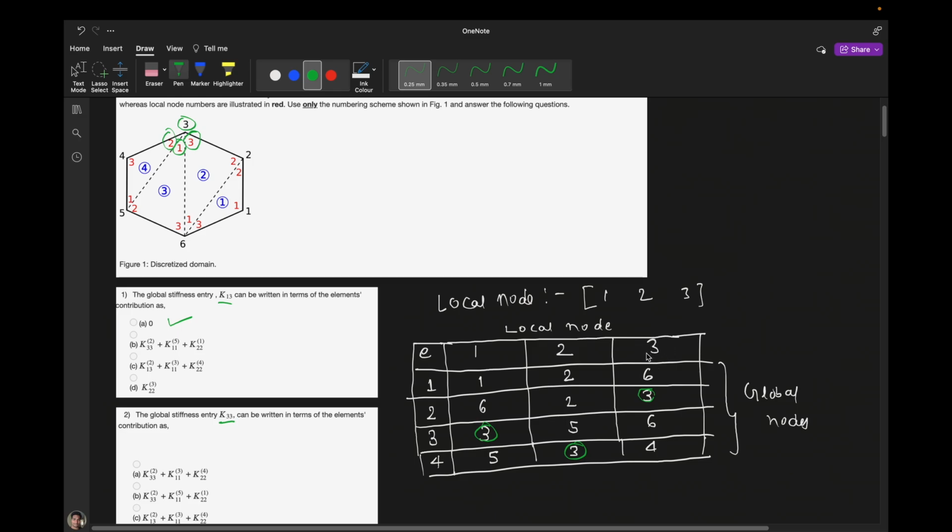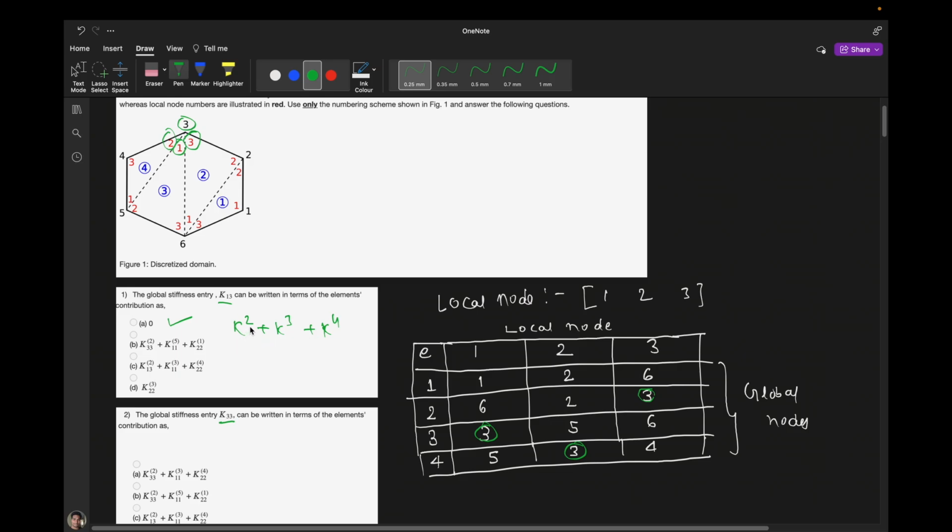For element 3 it is 1 1, and for element 4 it is 2 2. So for global node 3, we have to write for element 2 here, plus for element 3 here, plus for element 4 here.